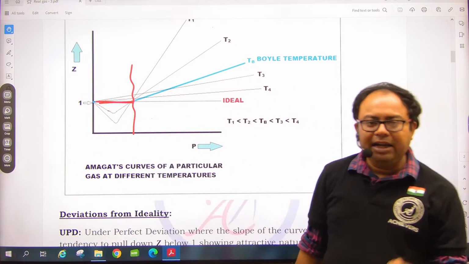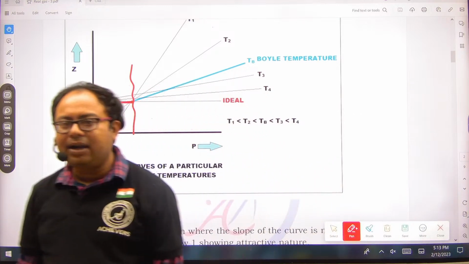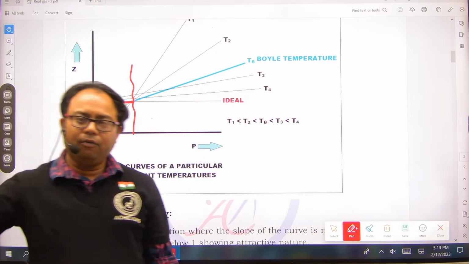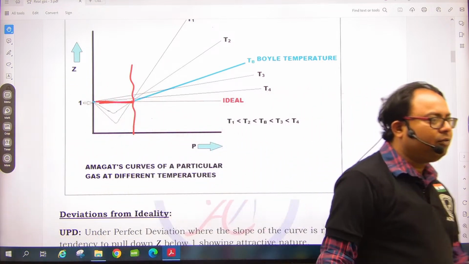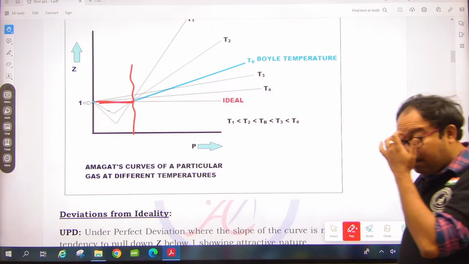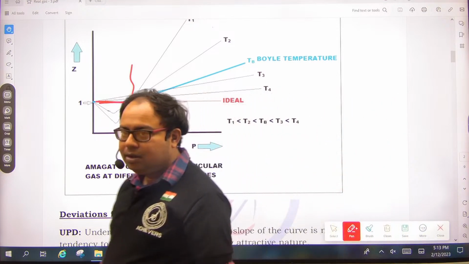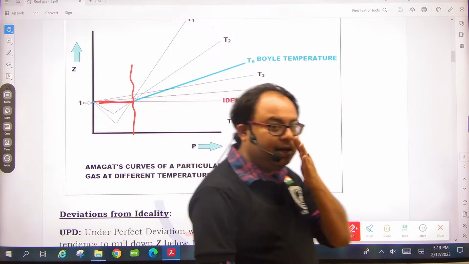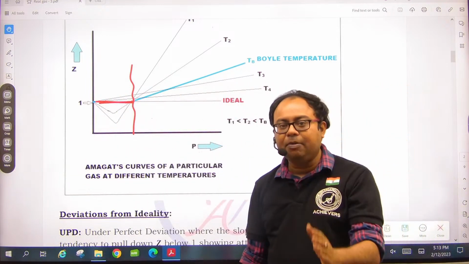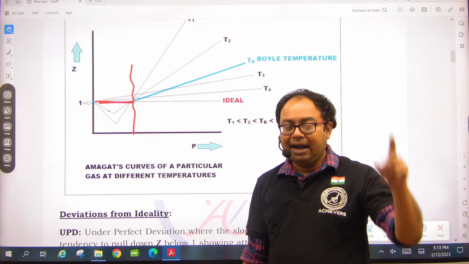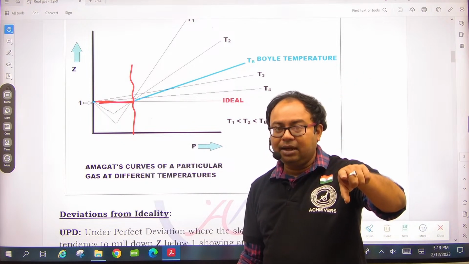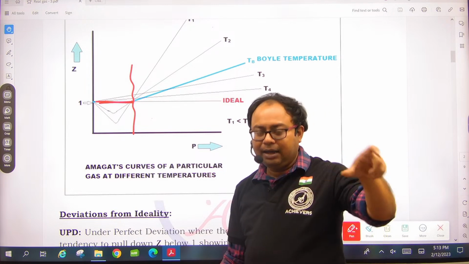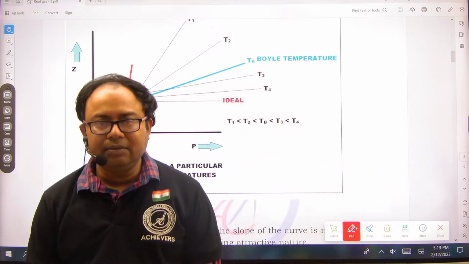And this Boyle temperature will vary from one gas to another. For nitrogen, you have a particular value of TB. For carbon monoxide, you have a particular value of TB. For carbon dioxide, you have a particular value of TB. So TB is the characteristic property of a particular gas, and at that particular temperature you have ideality maintained in a low pressure region.